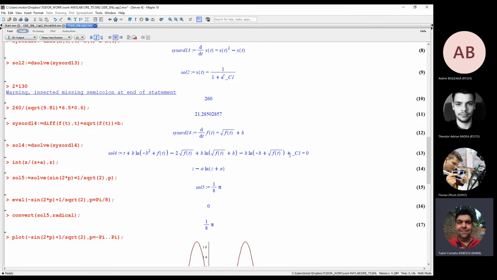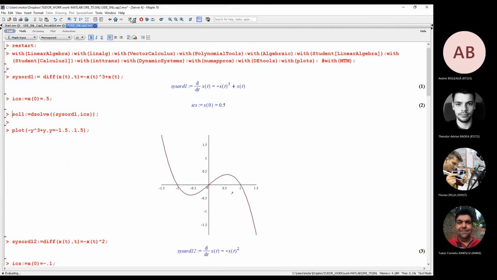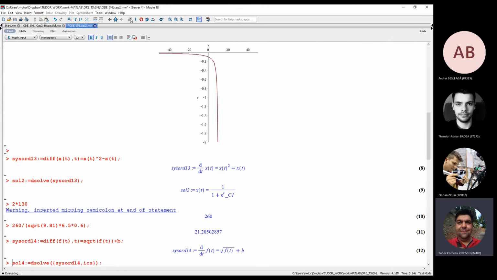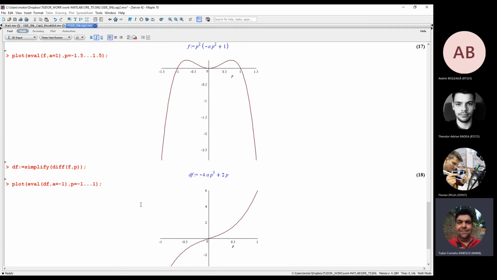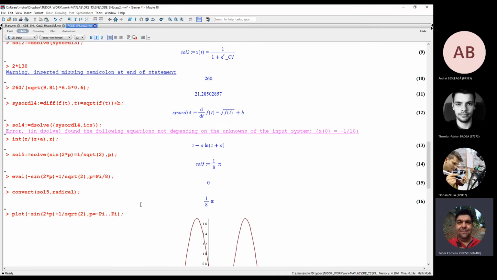and this is the interesting solution of this guy. Let's see if I give it initial conditions. Oh, sorry, again, the brackets. Oh, sorry.